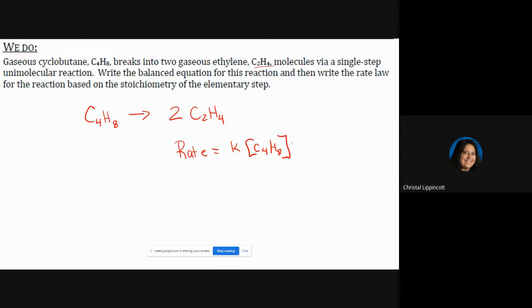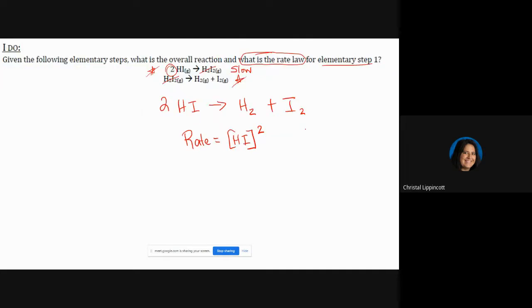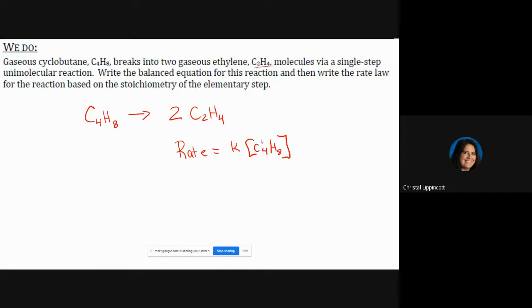What is my overall reaction order for this reaction then? What is my overall reaction order for this reaction? 2. Second order. Good? So this second, so the leader is a half-life.